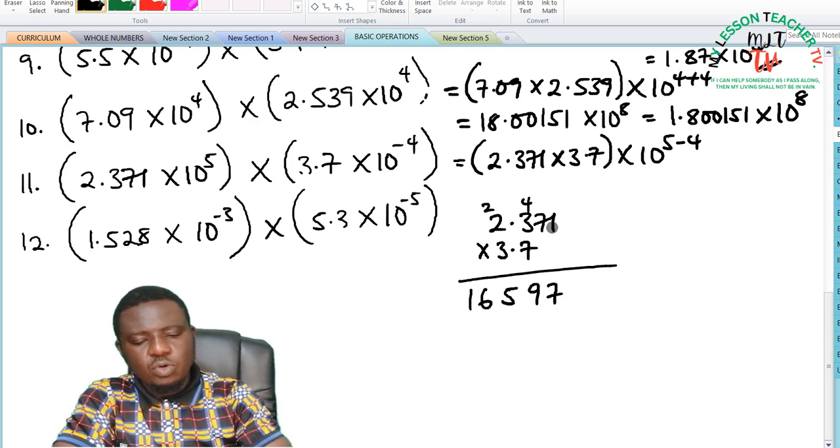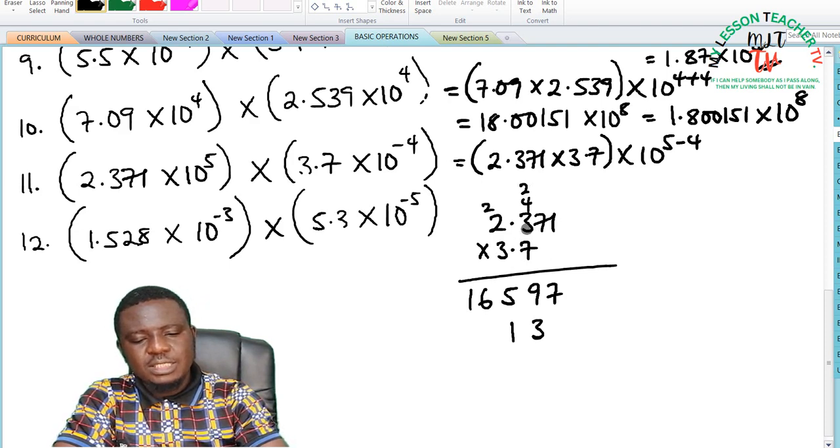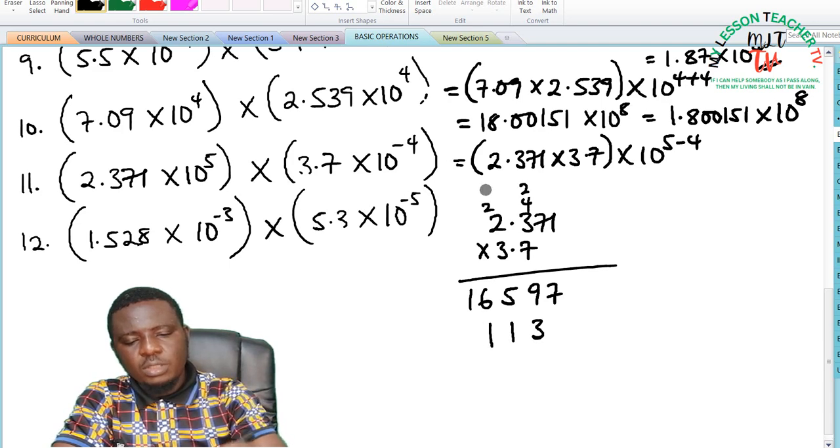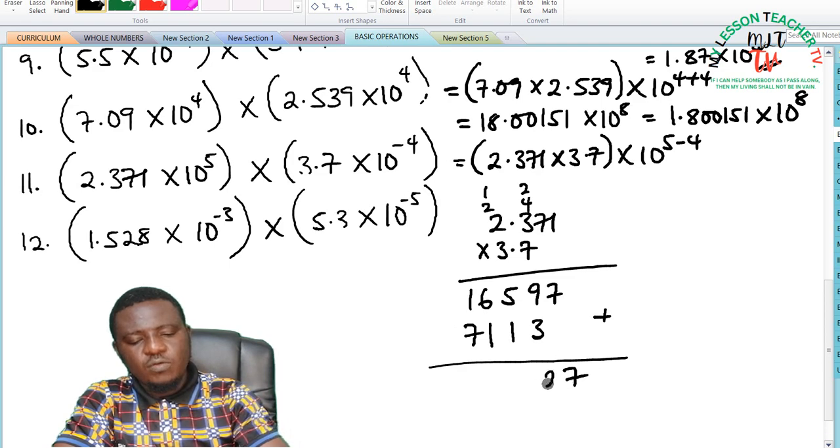3 times 1 is 3. 3 times 7 is 21. Carry 2. 3 times 3 is 9. 9 plus 2 is 11. Carry 1. 3 times 2 is 6 plus 1 is 7. So when you sum this, you have 7. This is 12.